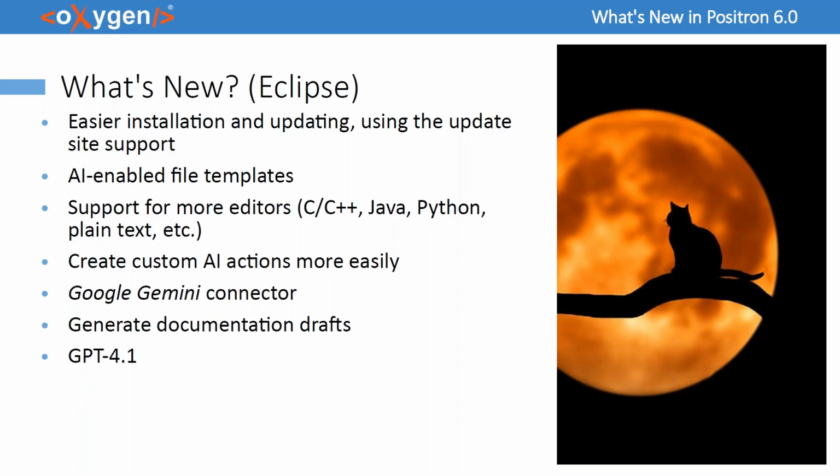You can create custom actions more easily, and I'm saying this for two reasons. One of them is related strictly to Eclipse. In Eclipse now you have a framework that you can use for creating your custom actions in the author mode.